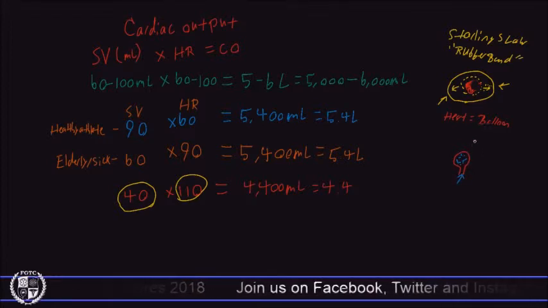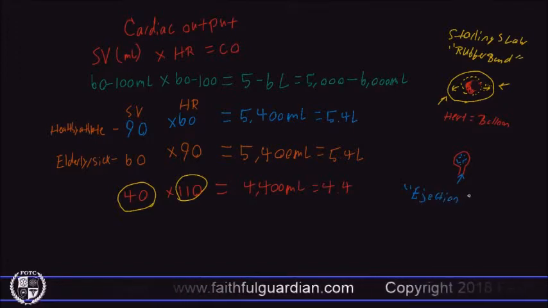So every time your heart contracts, your stroke volume is not going to send out all of the blood that fills your ventricles. This is what refers to your ejection fraction.